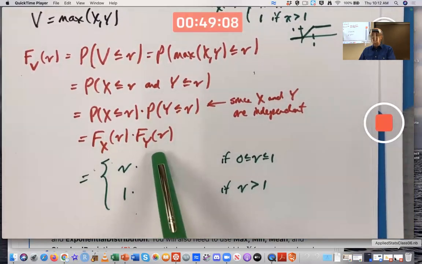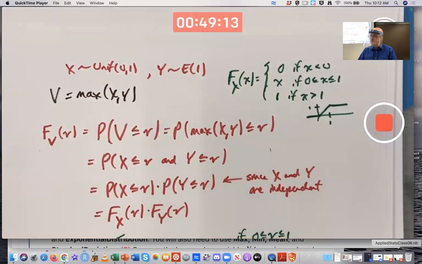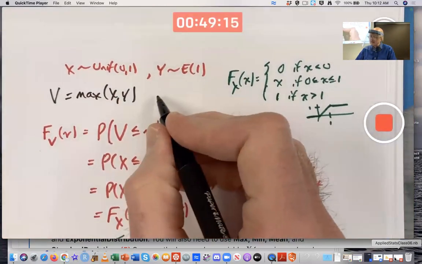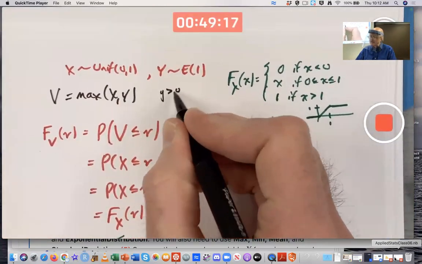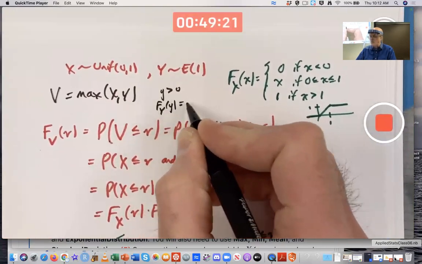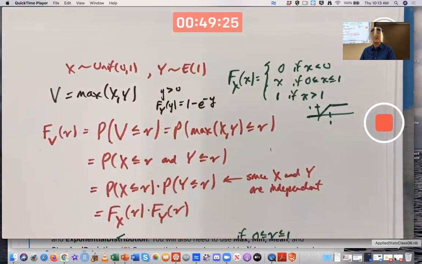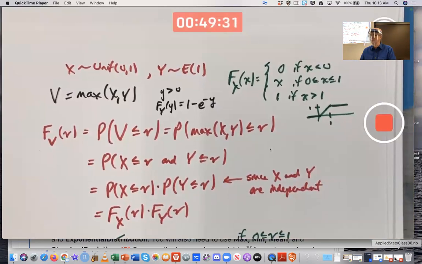The CDF of y, which is exponential with mean 1, I hope you were able to figure out: if little y is positive, capital F sub capital Y of little y ends up being 1 minus e to the negative y. That's something you had to figure out. The PDF is just e to the negative y. The CDF is an integral of that, but not any old antiderivative.